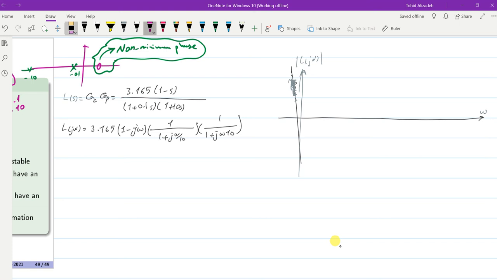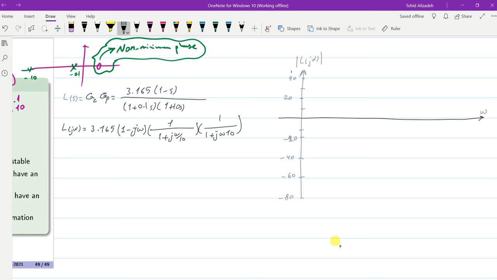The first element is 3.165, which is actually, in terms of decibel, equal to 10 decibels. Let me just form what we have for the y-axis: 40 dB, minus 20, minus 40, minus 60, and so on.